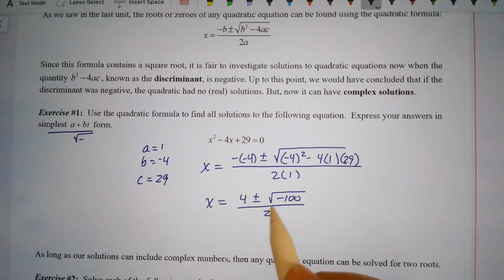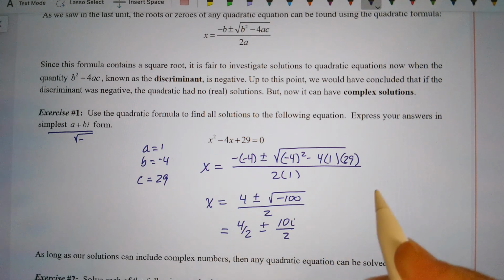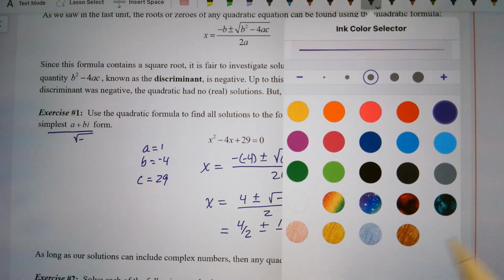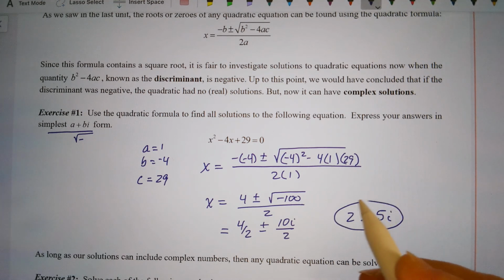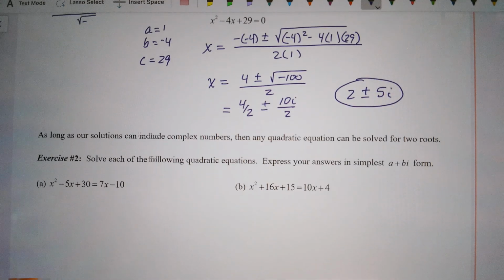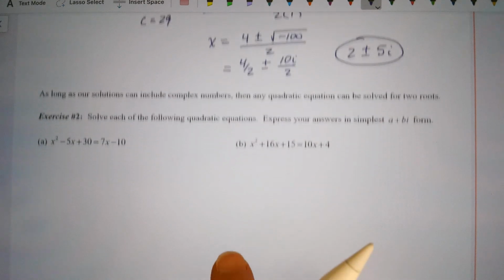Now let's split, right? So this is 4 divided by 2 plus or minus the square root of negative 100, which is 10i, divided by 2. So this is 2 plus or minus 5i. So as long as our solutions can include complex numbers, then any quadratic equation can be solved for two roots.